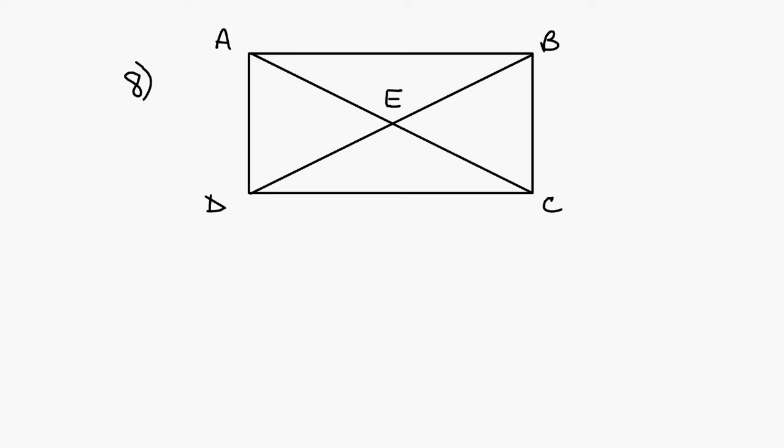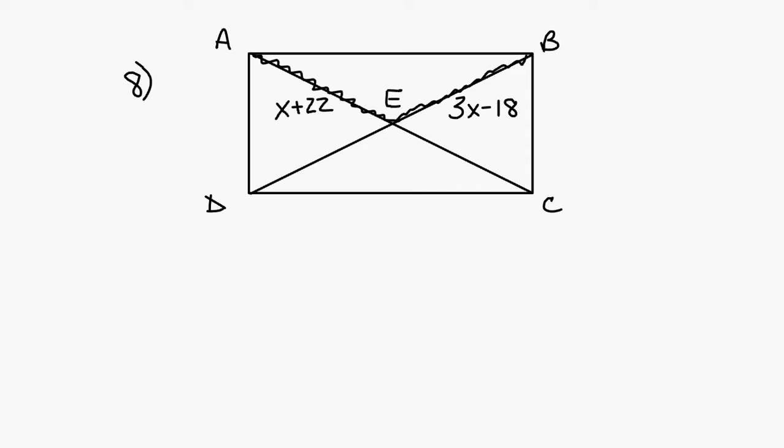You're told that A to E is x plus 22. So this piece right here, half of a diagonal, is x plus 22. And you're told that B to E, half of this diagonal, is 3x minus 18. For what value of x is the shape a rectangle?